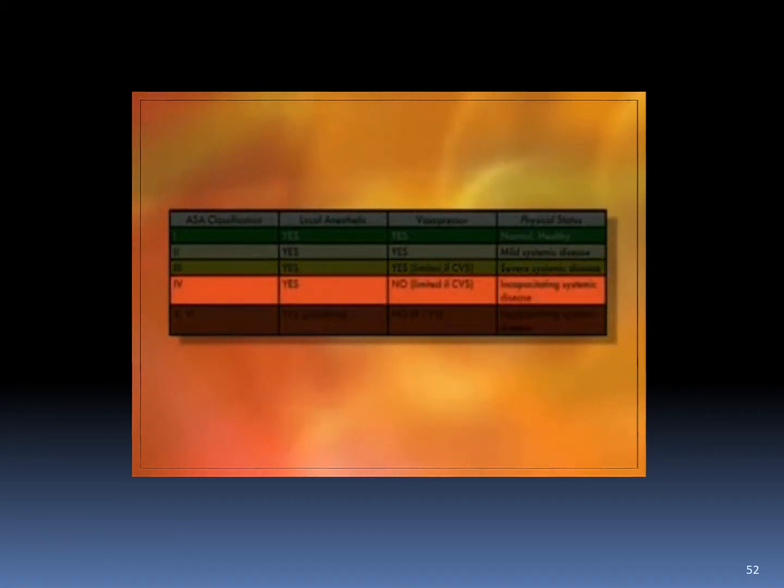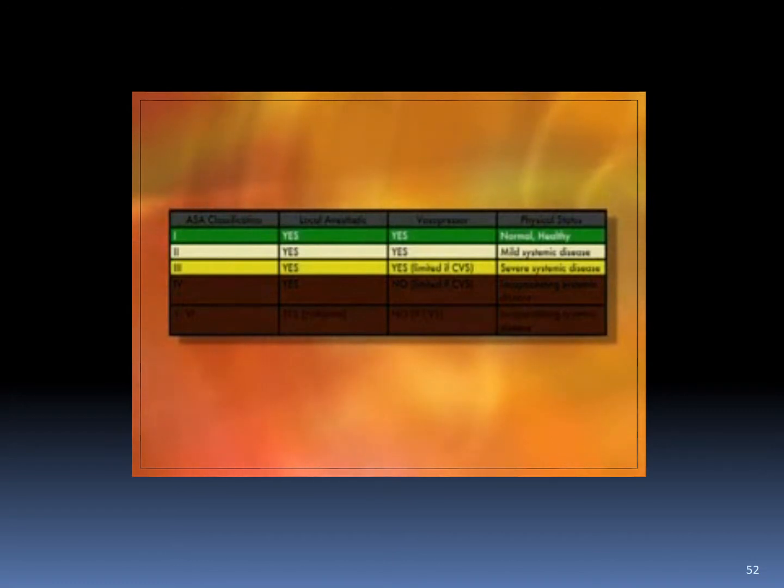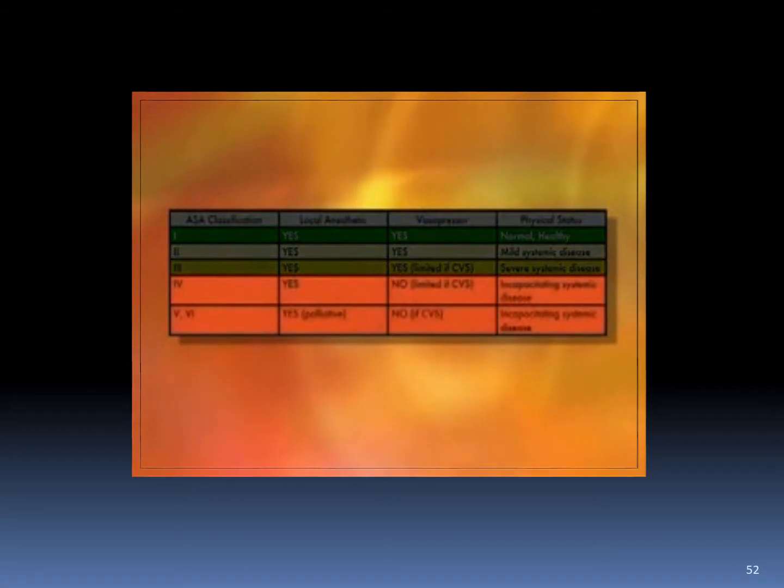ASA-4 is an incapacitating systemic disease that represents a constant threat to the patient's life. ASA 1, 2, and 3 patients are candidates for elective dental care. The use of local anesthetics with or without vasoconstrictors is indicated. ASA 4, 5, and 6 patients are not candidates for elective dental care.